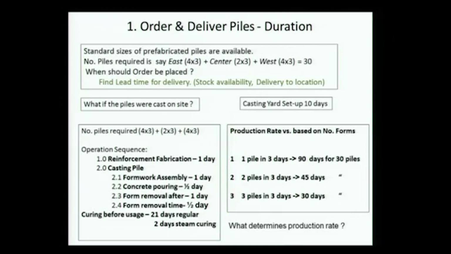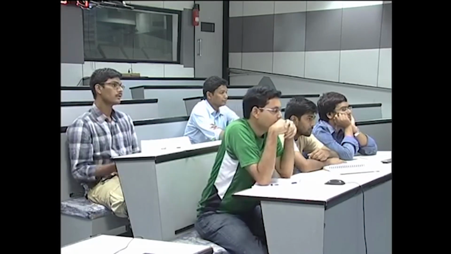Let us say I start casting and assume that reinforcement fabrication and the rest are all sequential. About 25 days, out of which 21 is just going for curing. There is no activity happening there, just curing. So a lot of times people say, look, I don't want to wait for the 21 days, I am going to steam cure it and start using it early.